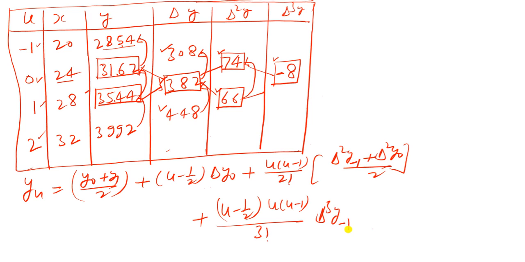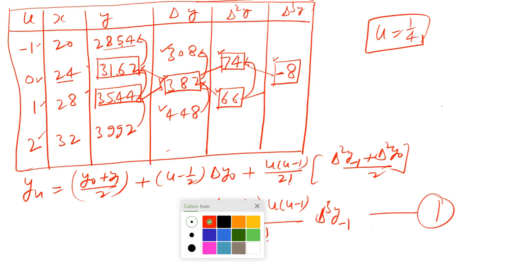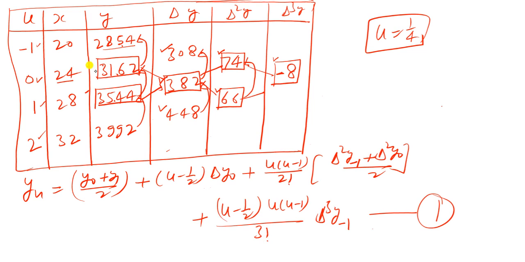So from the difference table we obtain the value of u as 1 upon 4 and substitute in equation 1. So u is equal to 1 upon 4, y0 is 3162, y1 is 3544. So substitute both values here.